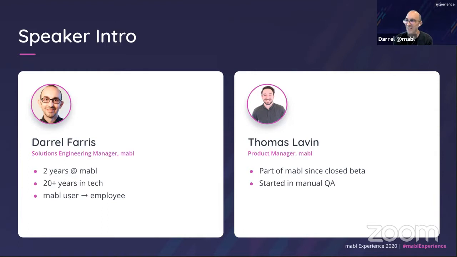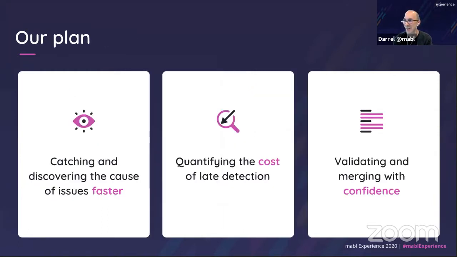So without further ado, Thomas, why don't you take us through the agenda and tell us what we're going to be talking about today. Sure. So we're going to be focusing on 3 main areas. As the title suggested, we're going to be talking about mabl's ability to help you catch and discover the root cause of issues faster. We're going to go through that process, see what it looks like in the mabl app.